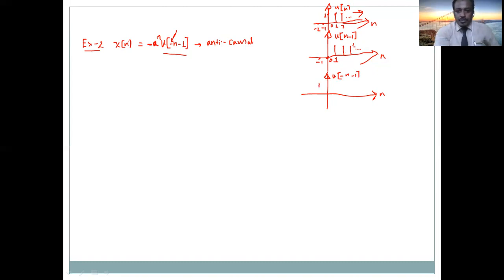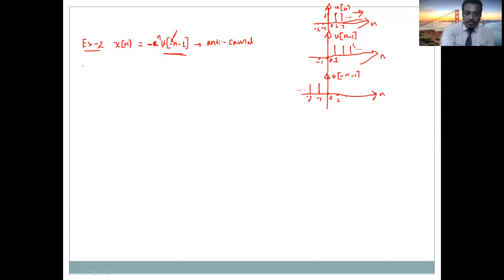It starts from minus 1 and goes to minus infinity. At 0 the amplitude is 0 because it is folded, right? So as you can see here, this is the signal multiplied by u of minus n minus 1.